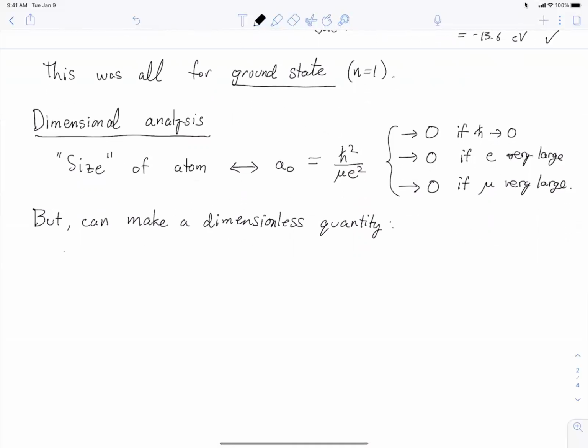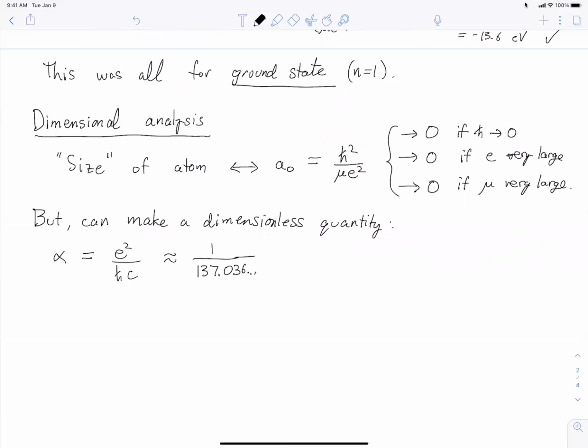It's usually traditionally written as alpha. It's defined to be E squared over h bar times the speed of light. If you put in the units, that turns out to be dimensionless. And its numerical value is 1 over 137.036, something, something, something.